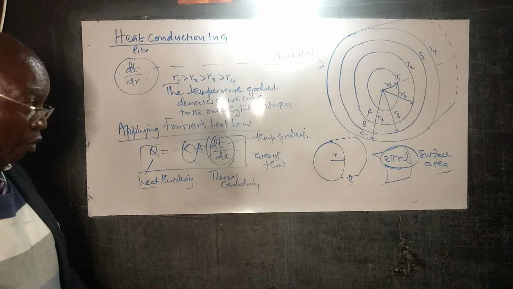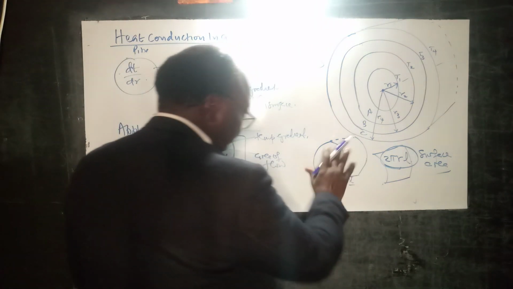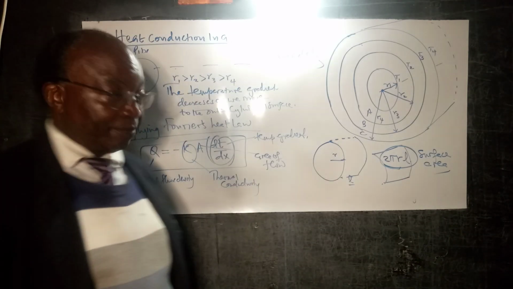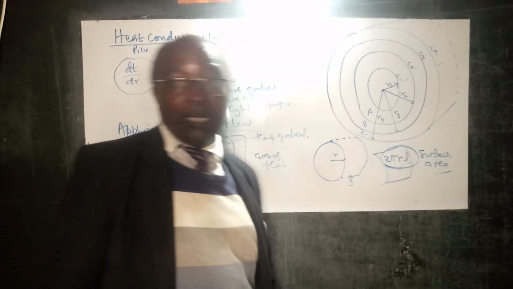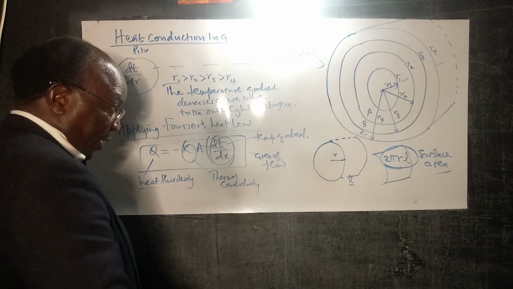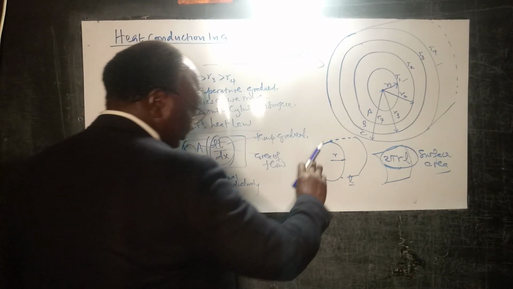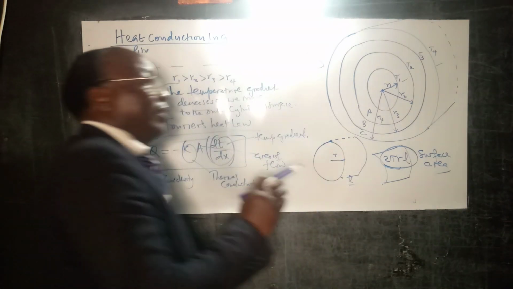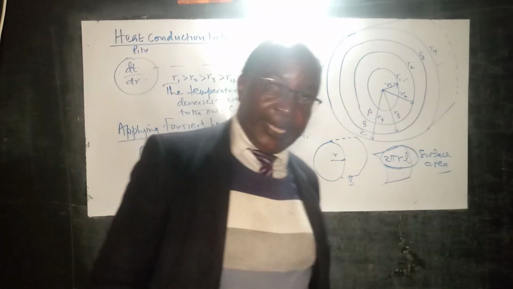When you open it up, that will be the surface area of this particular pipe. That is 2 pi r times L. 2 pi r is the circumference, times that length. That will give you the area.